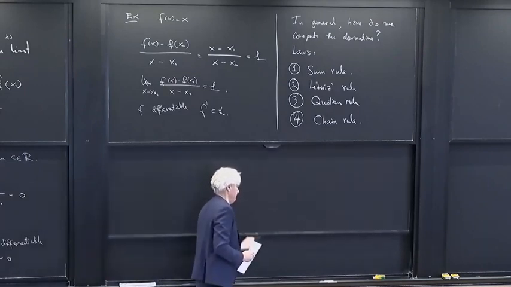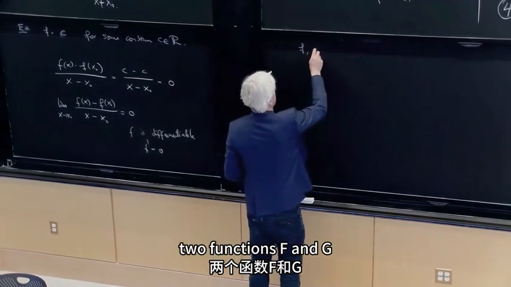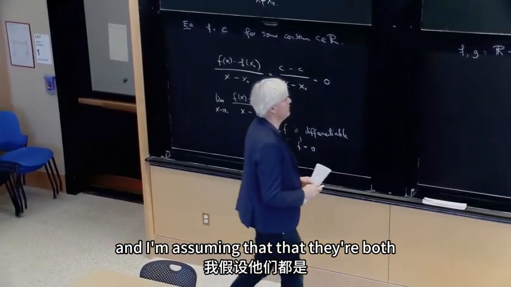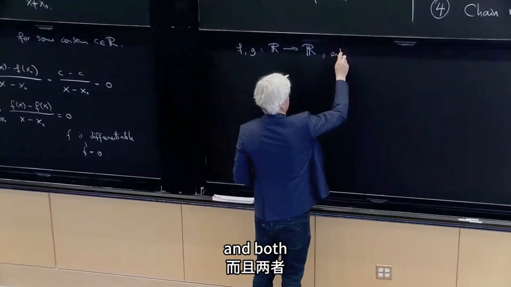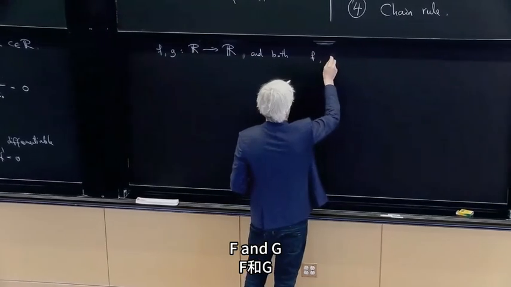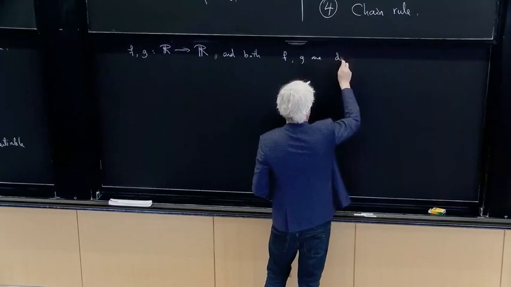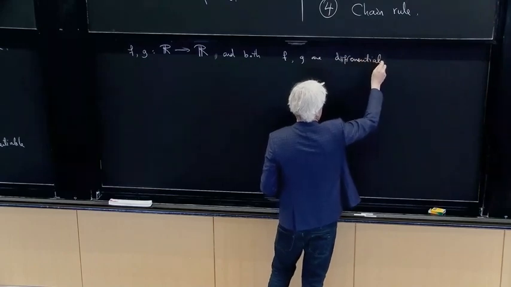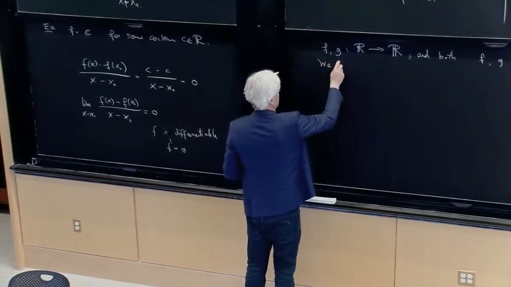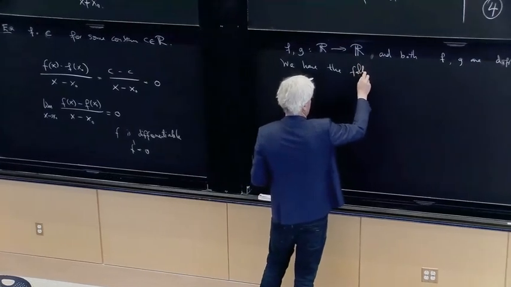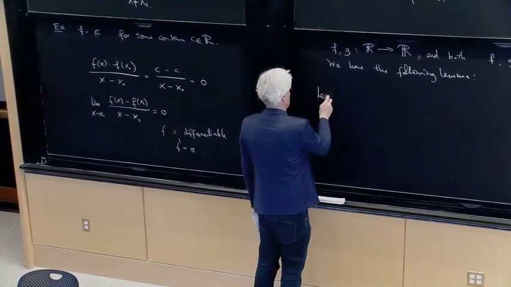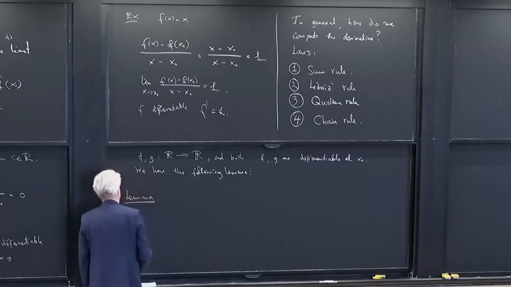Now let me look at the first three rules first. I have two functions, f and g. They are defined, say, on R, but it could have been a subset of R. And I'm assuming that both f and g are differentiable at x0. Then we have the following lemma.